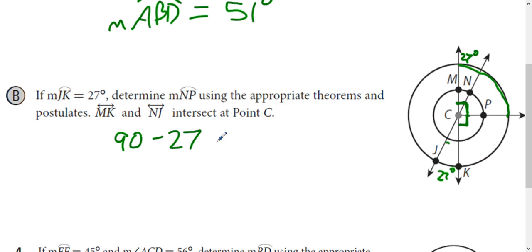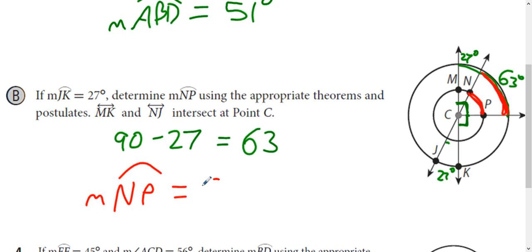We do 90 minus 27, we get 63. So this arc right here is 63 degrees. So the measure of arc NP is the same as that larger arc out there. 63 degrees.